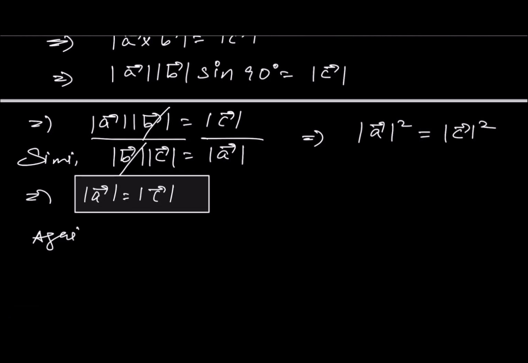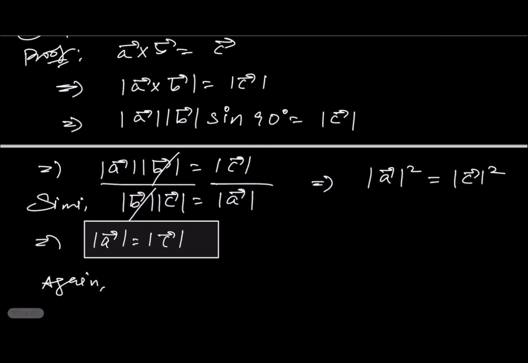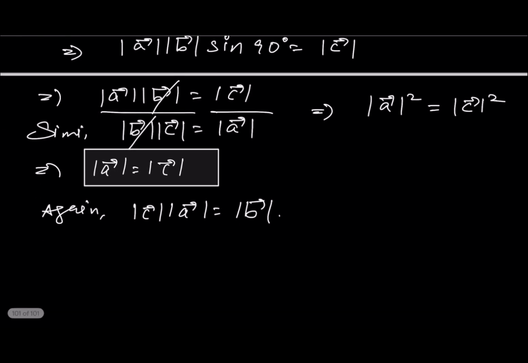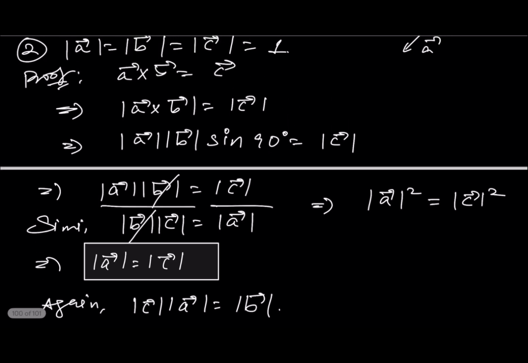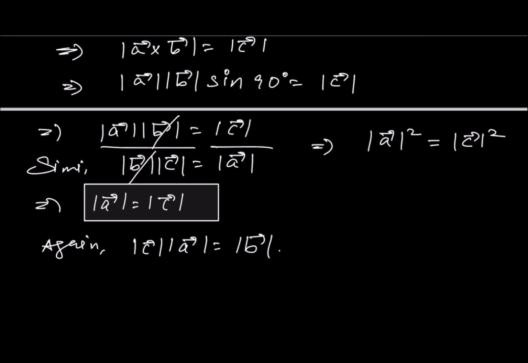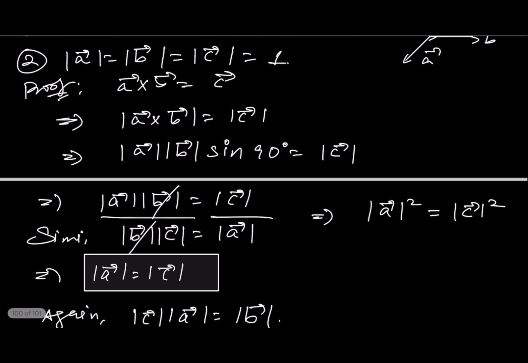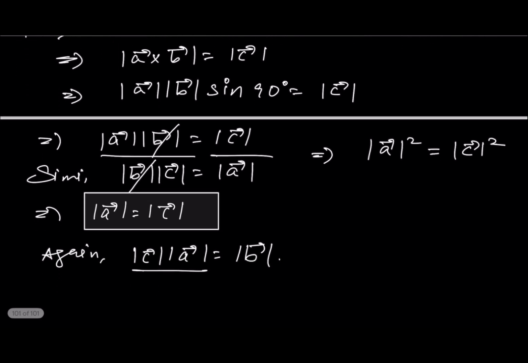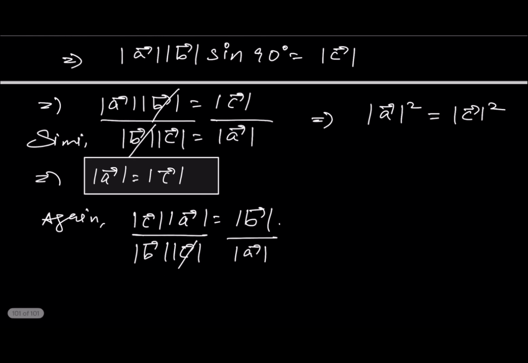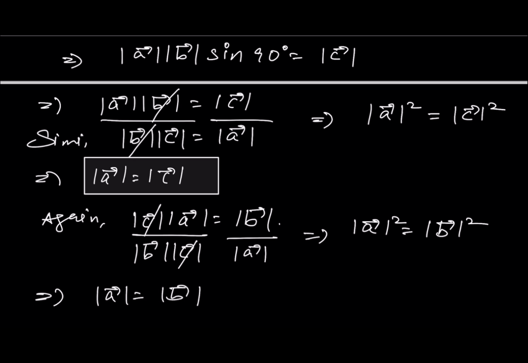Again, taking the third, mod C mod A is equal to mod B. Now if I divide this by the second, that is mod B mod C, and on the right-hand side mod A, mod C cancels out, so this will be mod A square is equal to mod B square, or mod A is equal to mod B, right?